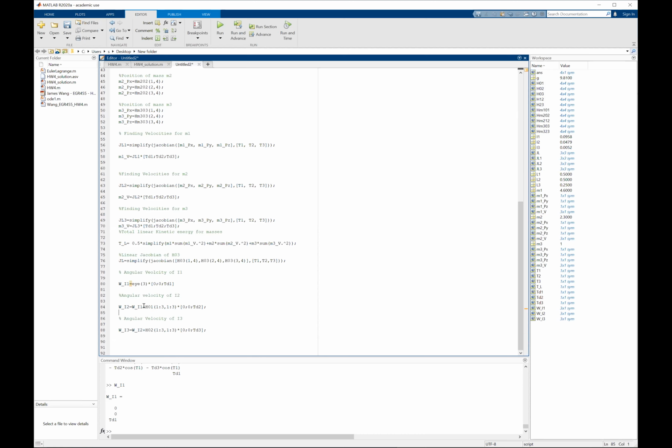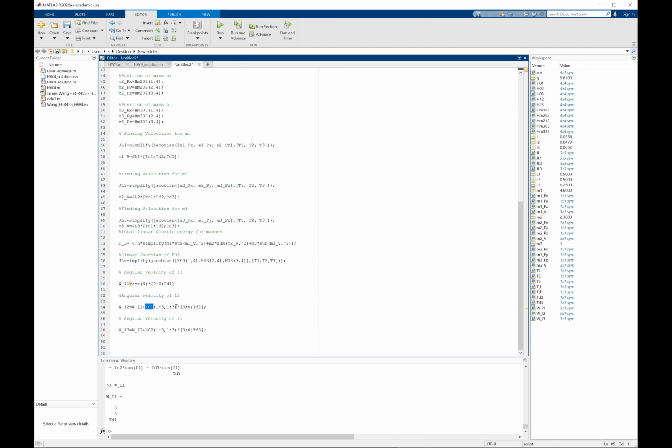So I will say that once again. This is H01 because we want the angular velocity with respect to the 0th reference frame. That's why we have the transformation matrix H01 and not H12. Does that answer your question, Trenton?